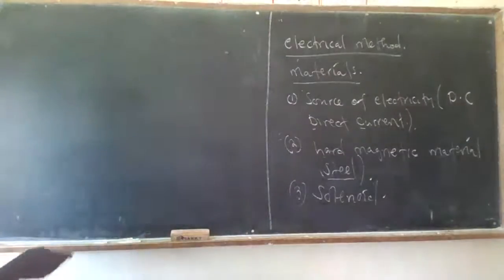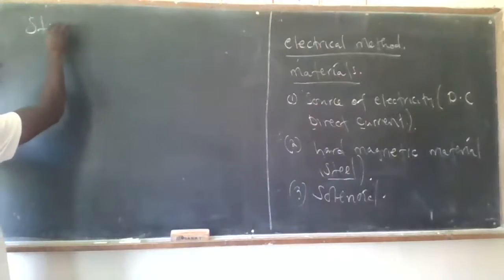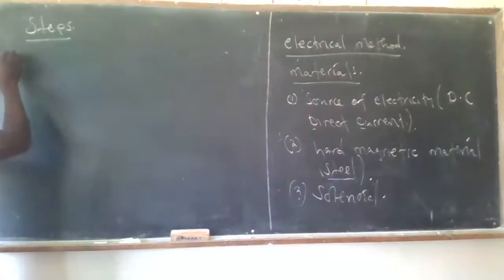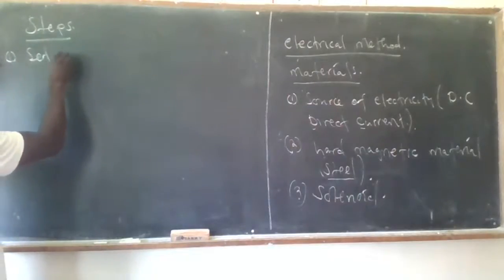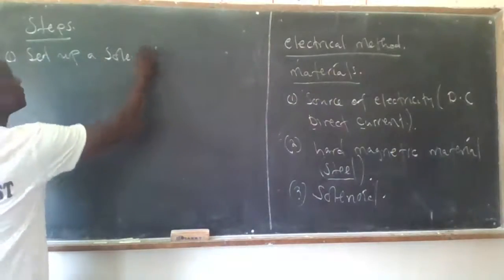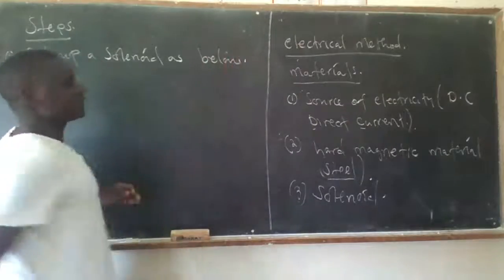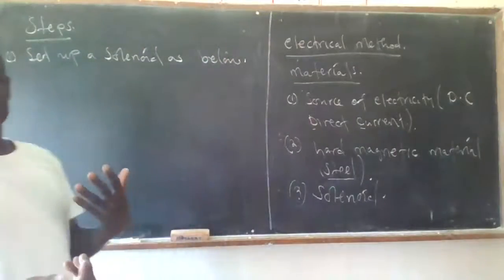The question that I need to answer is the method, or steps, or procedure. So you need to have a solenoid setup. So it says set up a solenoid as below. So I'm trying to show you now how we can do this.